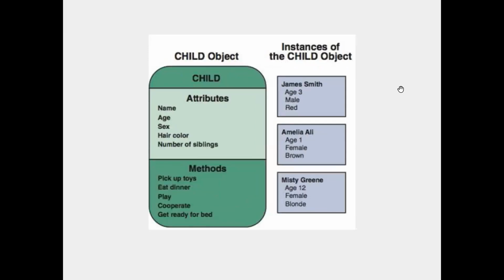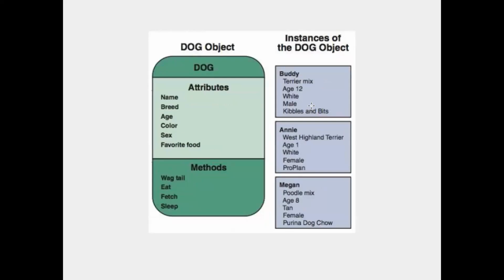Now, similarly, in this example, you will see a child object. There are three parts: the object name, then you have a set of attributes, and then the methods. Each of these attributes can have some value. Here is another example which shows you the dog object.